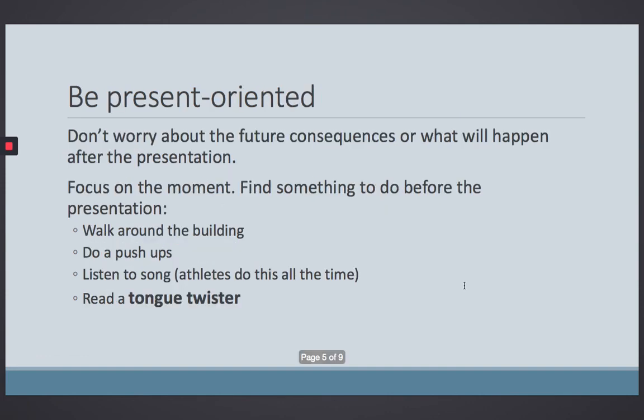Okay. Be present oriented. Now, this is a third tip. Don't worry about the future consequences or what will happen after the presentation. Focus on the moment. Find something to do before the presentation. On the recording day, you focus, and then you let yourself stay alert.